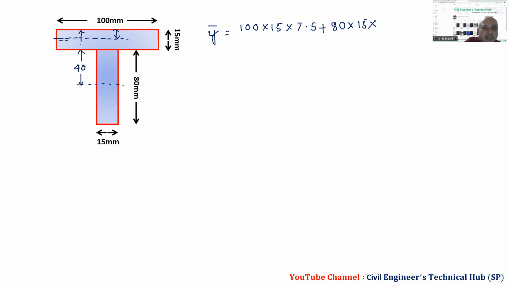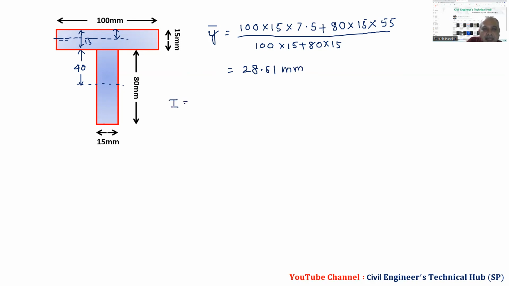So 40 plus this 15, that is 55. Divided by 100 into 15 plus 80 into 15. And we have this value that is equal to 28.61 millimeters. So we have Y bar 28.61 millimeter. Tomorrow we will discuss in the class.